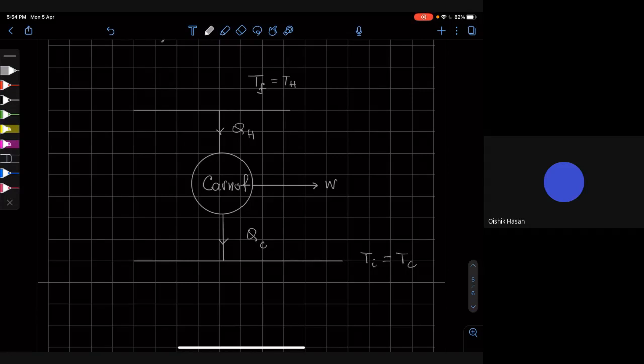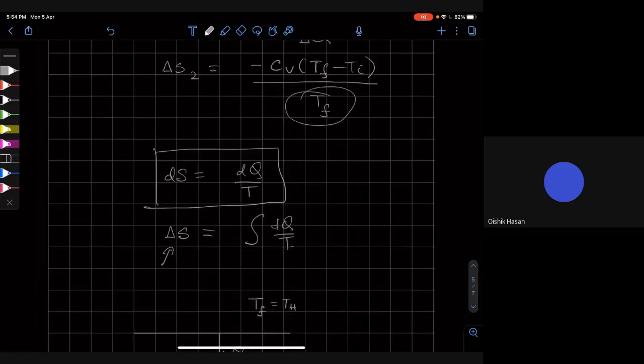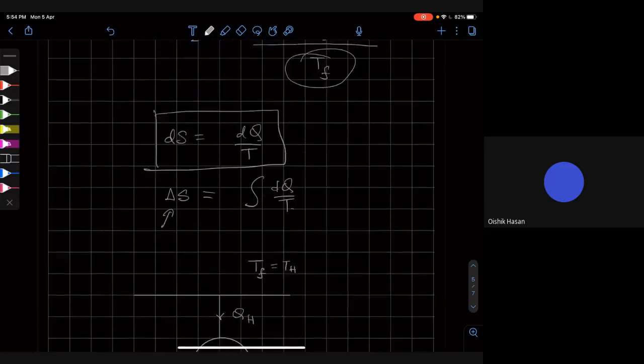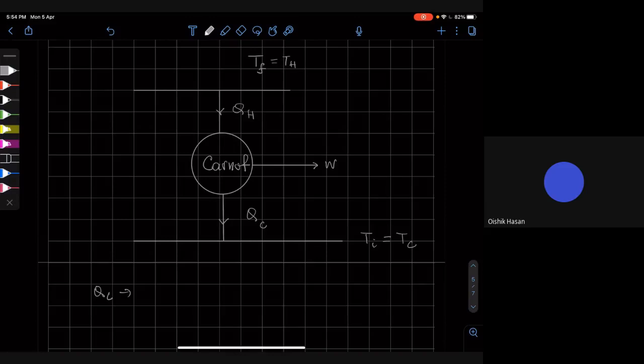and the thing is that we know what QC must be, right? Because we calculated QC here. This is the heat that has to be dumped in the cold bath so that its temperature goes up from TI to T final.